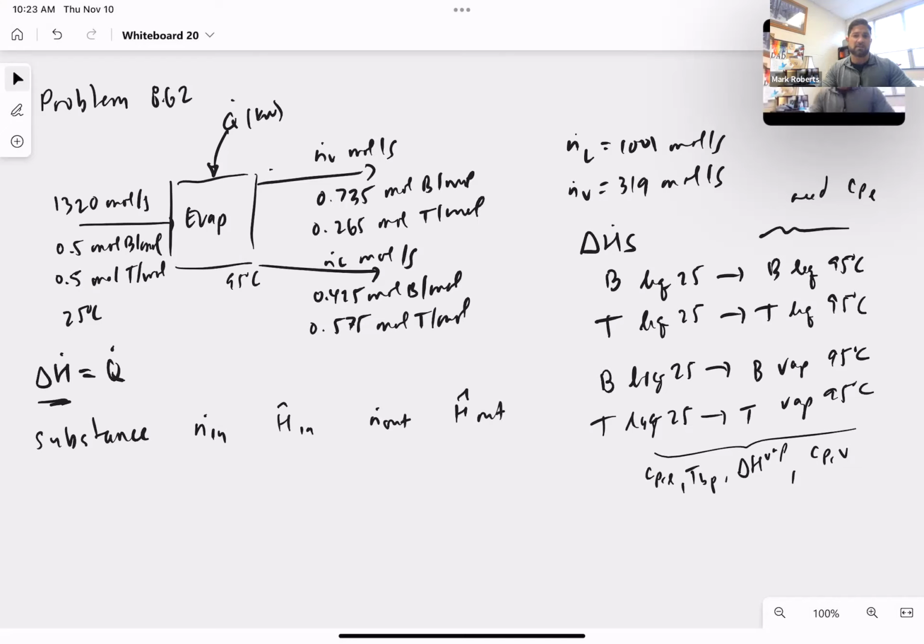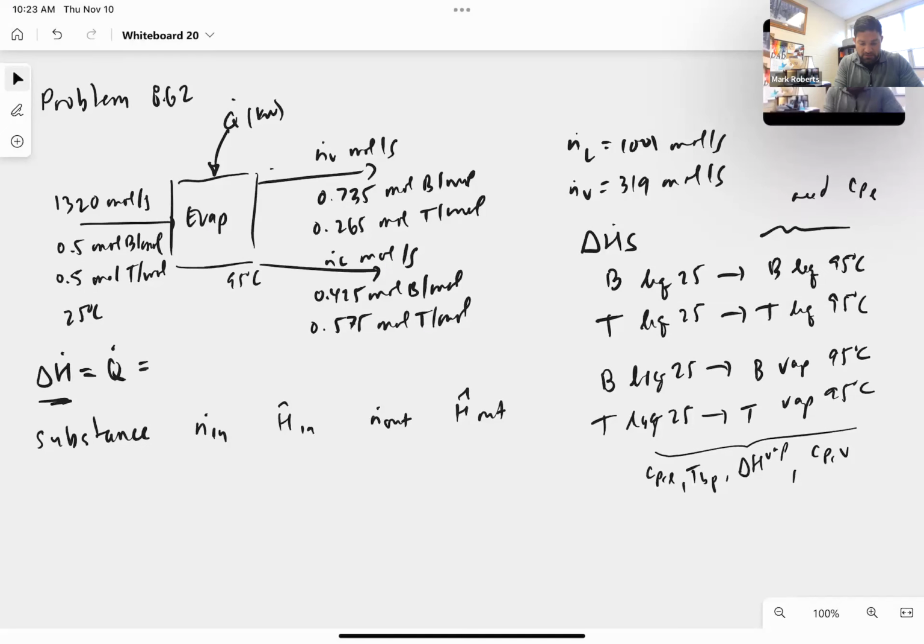So what we're doing is effectively setting up a table of tabulated data so that we can do our energy balance as Q equals delta H, which is going to be the sum of N out H out, minus the sum of N in H in.